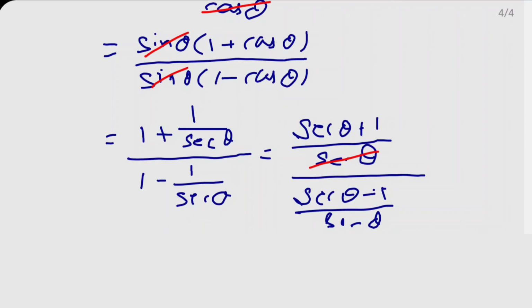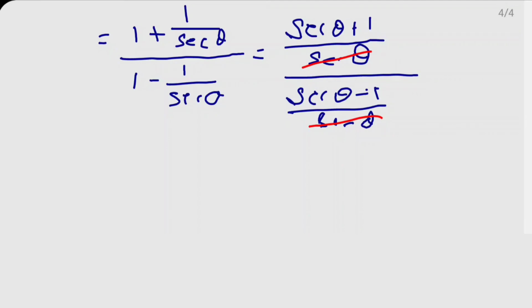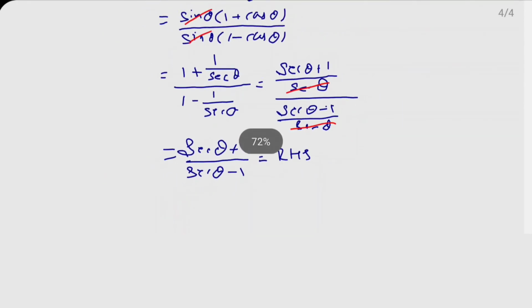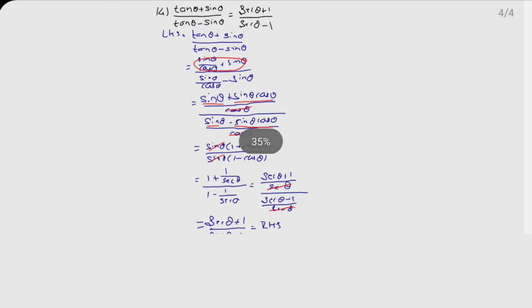Here sec gets cancelled, so remaining terms (sec theta plus 1) divided by (sec theta minus 1), so this is equal to RHS. So see here, our RHS is (sec theta plus 1) divided by (sec theta minus 1), so here we proved (sec theta plus 1) divided by (sec theta minus 1). So is it clear?